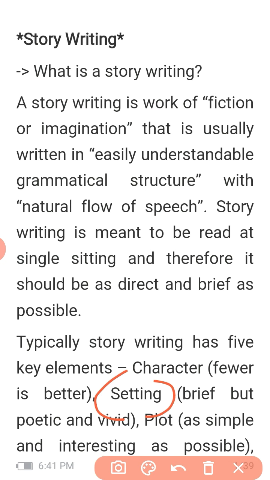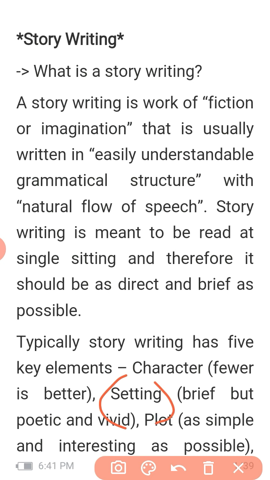If it is in the garden, then the explanation of the garden, how beautiful it is. If the scene is taking place in a market, then there can be stalls, different customers, and several things can happen if the story's scene is set in a market, in a garden, or in a public place, in a park, in an office, anywhere, in a house. This particular thing is known as setting.